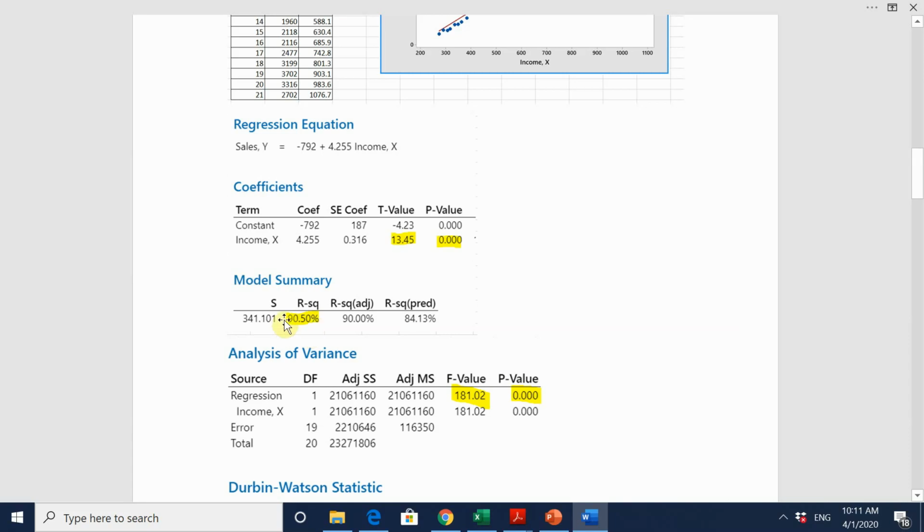My standard error is of this much, and my goodness of fit statistic is very high with a very small p-value.